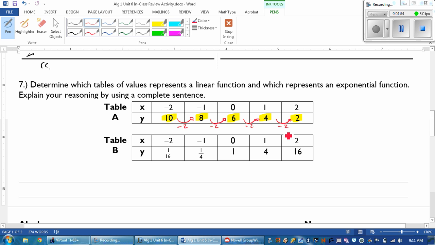Okay, so when it's being subtracted by 2, that tells us that table A represents a linear function.